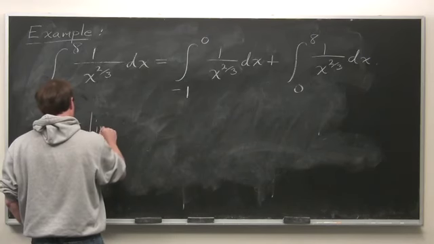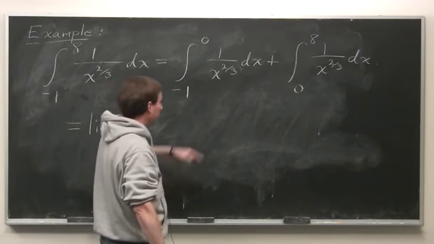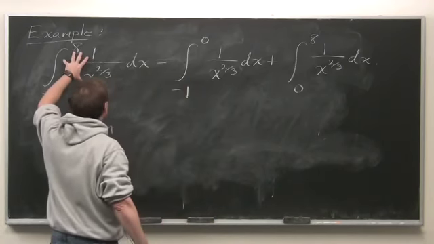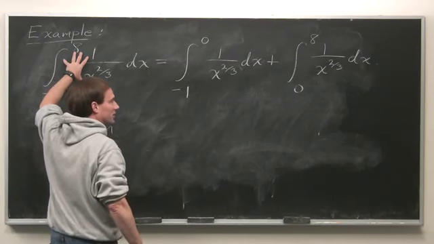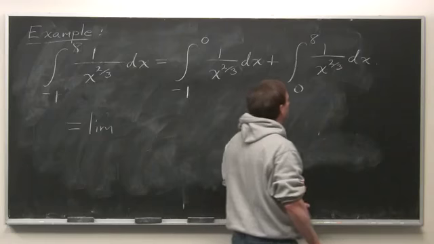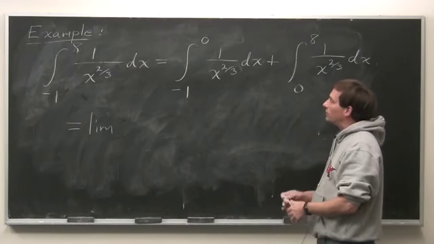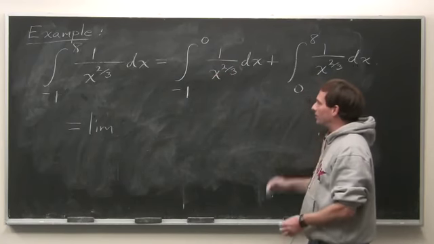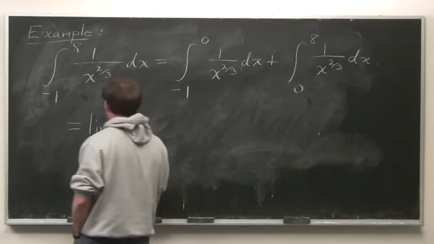By the way, these limits are supposed to be separate. If either one of these fails to exist, you say that this improper integral does not exist. When you split it up into pieces like this, you need for each piece to exist. But they will.